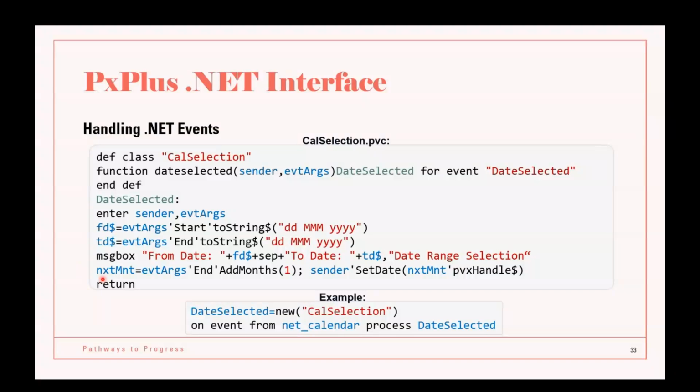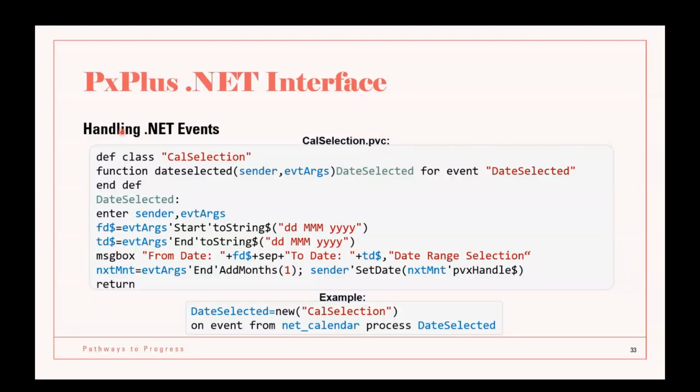And then I can pass in that new datetime object; I'm going to access the original month calendar, and I'm going to set its date to the next month. So effectively, what we've done here is the user has selected the date in the calendar, it displays a message box of which dates were selected, and then it advances the calendar to the next month.